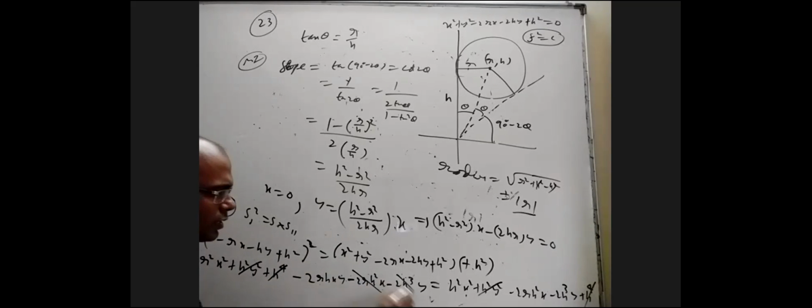So even this and this will get cancelled with this. Now if I send everything to that side, I will get h square minus r square into x square plus 2rhxy equal to 0. That's all. Now you take x common, you'll get x equal to 0 into the other line, which is this line. This is plus, so when it goes that side, minus.